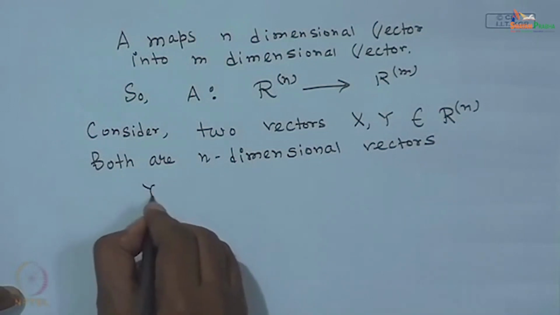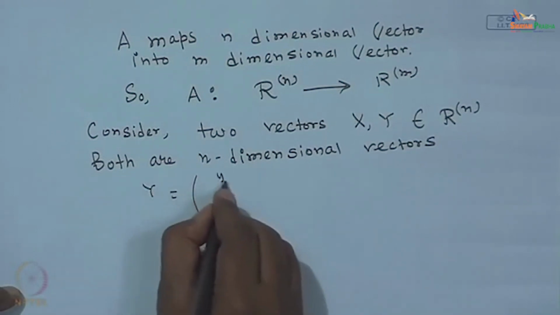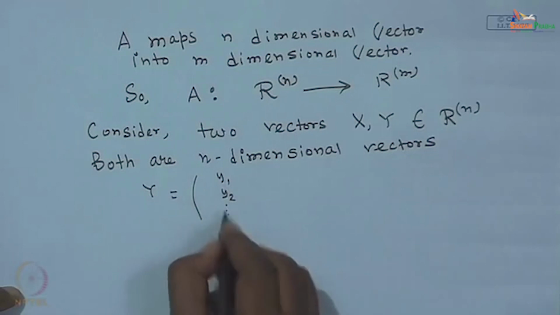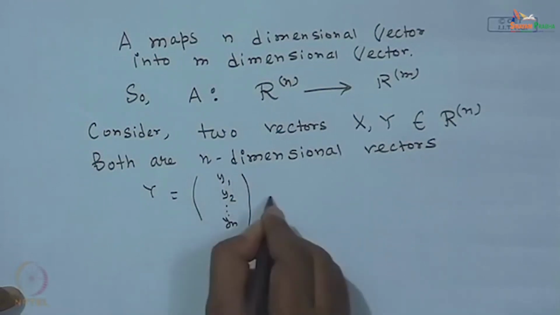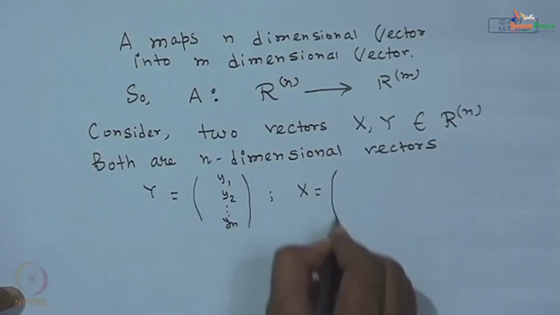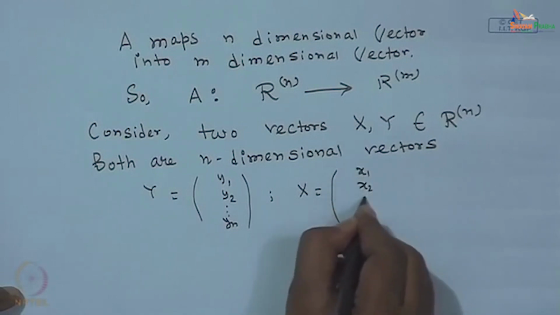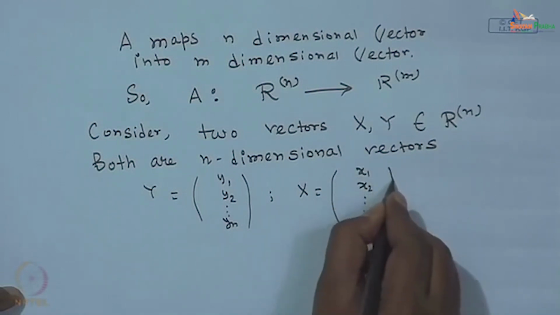So, y is nothing but y1, y2 up to yn, and x is x1, x2 up to xn.